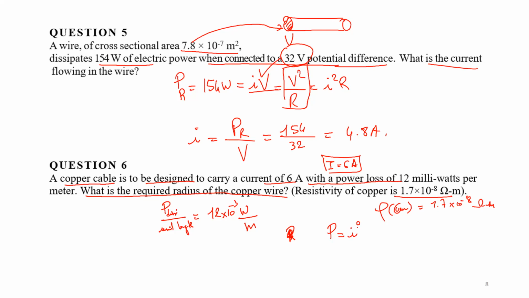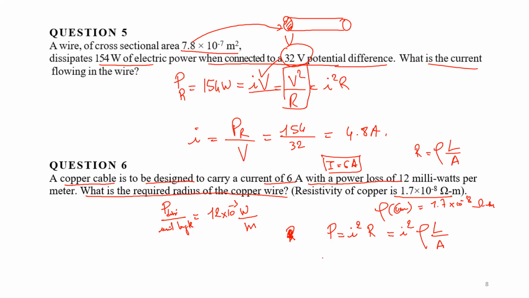This is equal to I square, the current squared, and I gave you already the current, multiplied by R. Now what is R? R, the resistance, is resistivity times length divided by cross-sectional area. So it's the resistivity rho multiplied by length divided by the cross-sectional area. Okay, good.